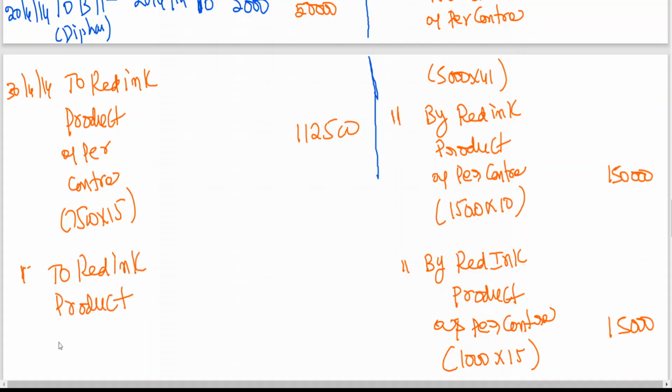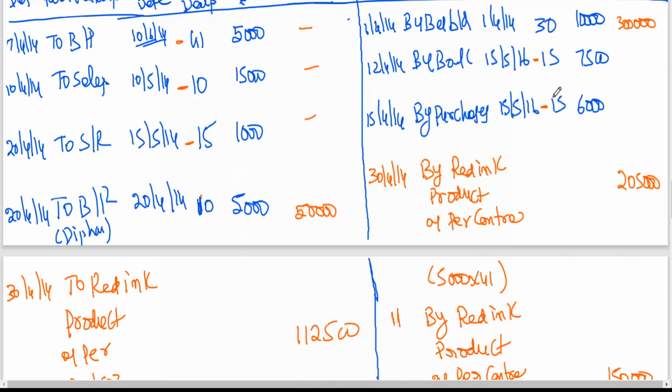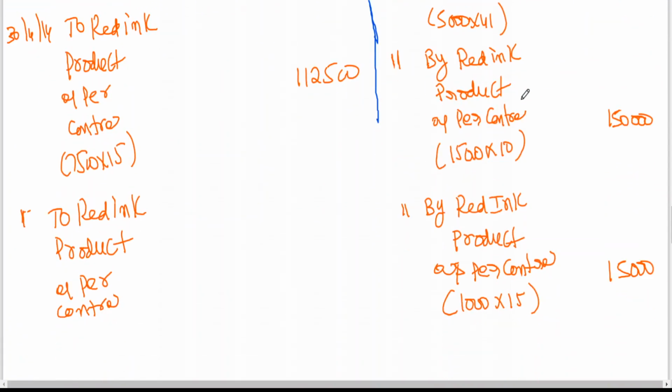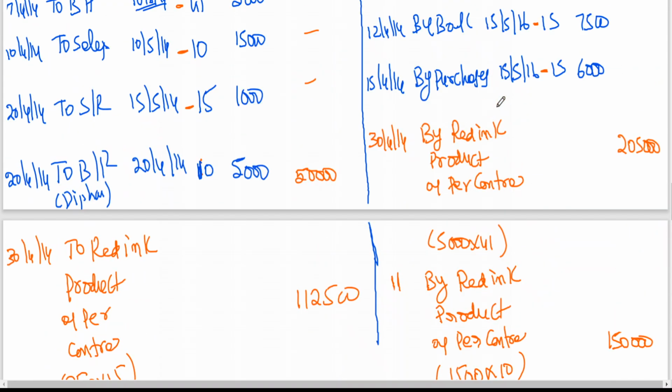I told you that is being called as contra, as per contra. Come on, how many days you can see? 15 into 6,000, 90,000. This is completed.